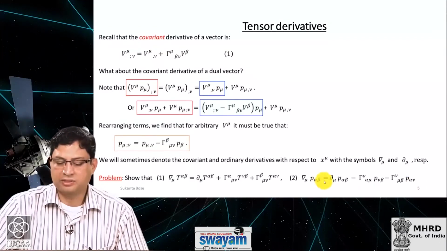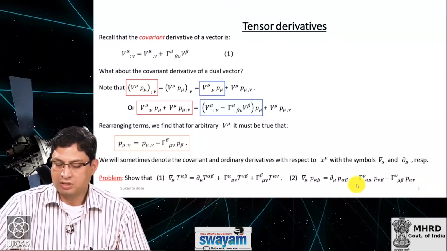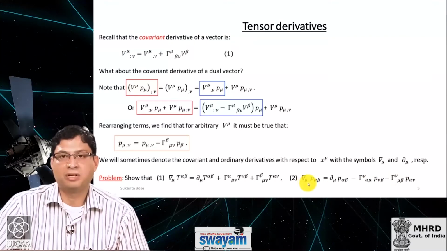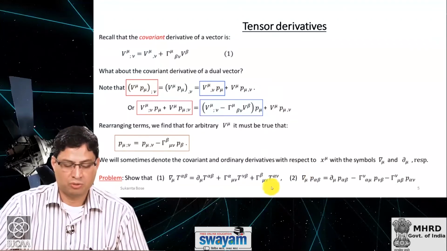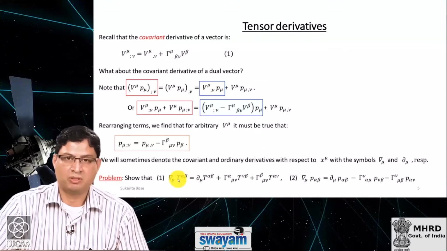If you had a third index, gamma, you will have a third term involving gamma nu mu alpha. So notice that the gamma symbols or the Christoffel symbols always have one of their indices as the derivative index, which in this case is mu. That was true also for the covariant derivative of the components of the 2-0 tensor.